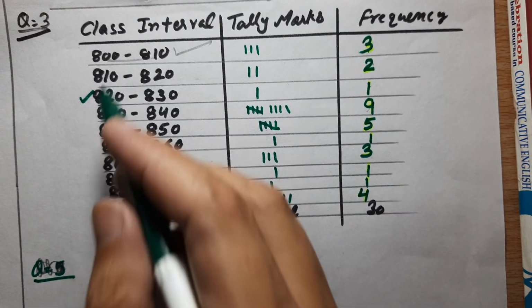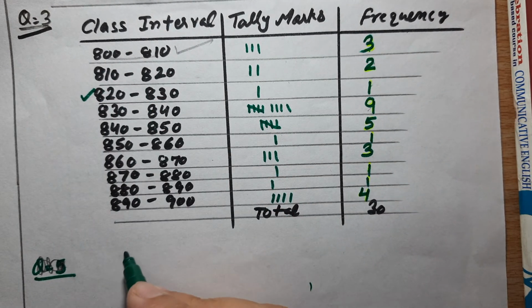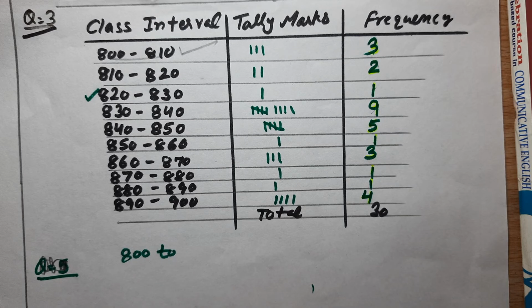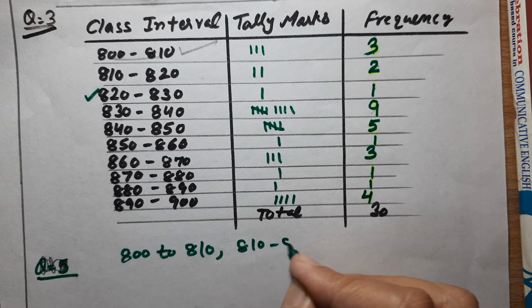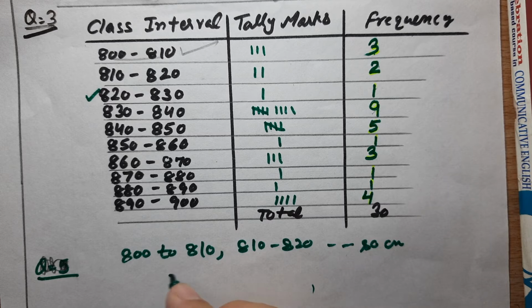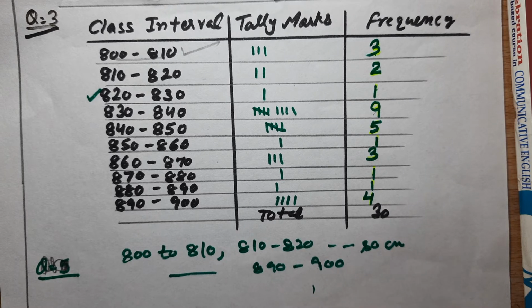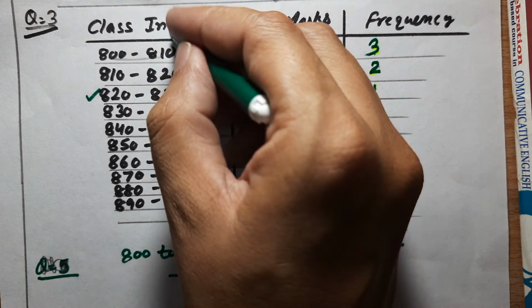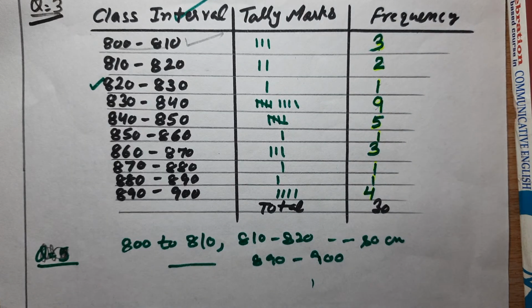What will be the class interval? 800 to 810. Then 810, 820 and so on till 890 to 900. They are all class intervals. Is it okay? Good.